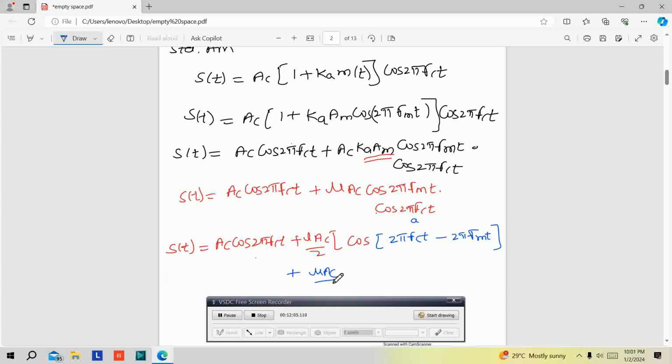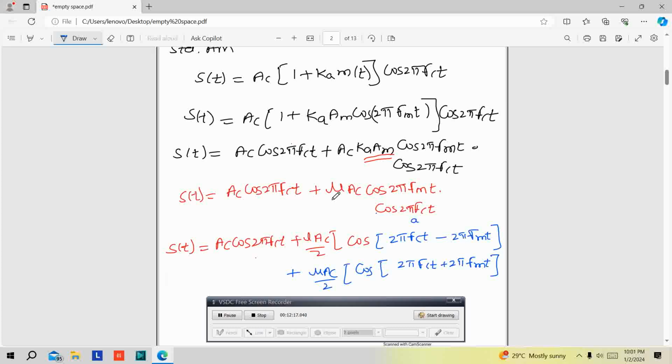Here mu Ac by 2 is common. 1/2 cos(A plus B), that is cos(2π fc t plus 2π fm t). Just further simplify this.